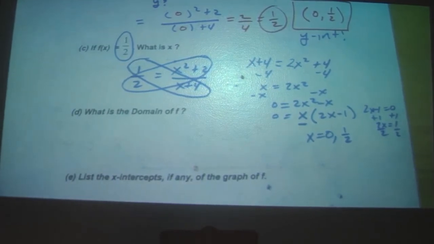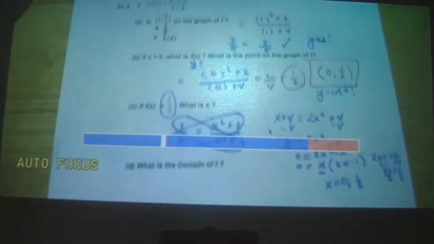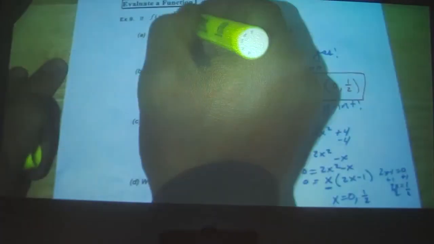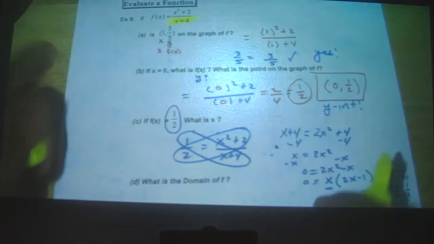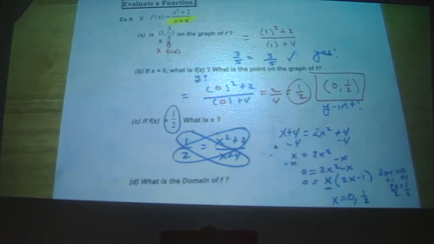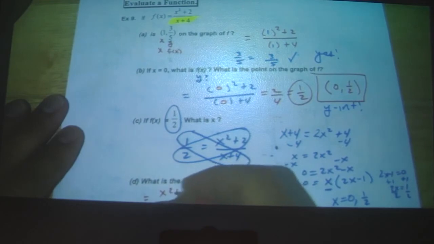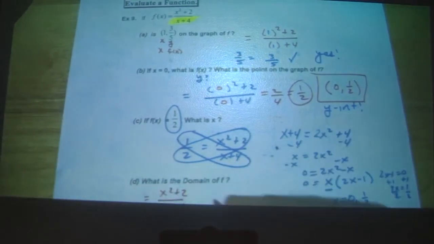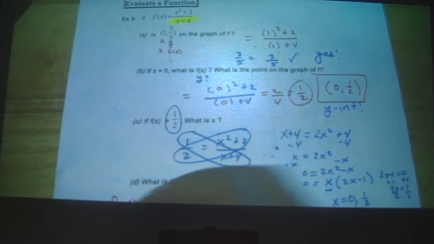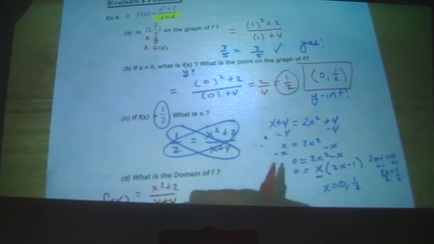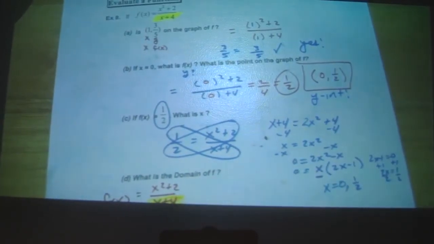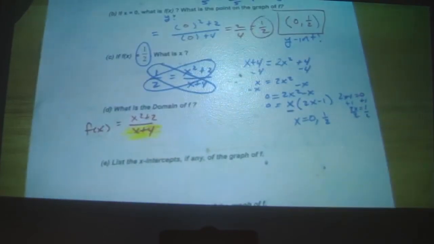Domain. We've talked about domain already. Chapter 2:1. Domain, we look at the denominator. Denominator cannot be 0. So again, when we have a function, x squared plus 2 over x plus 4, for my function, domain, denominator, this guy, can't be 0.